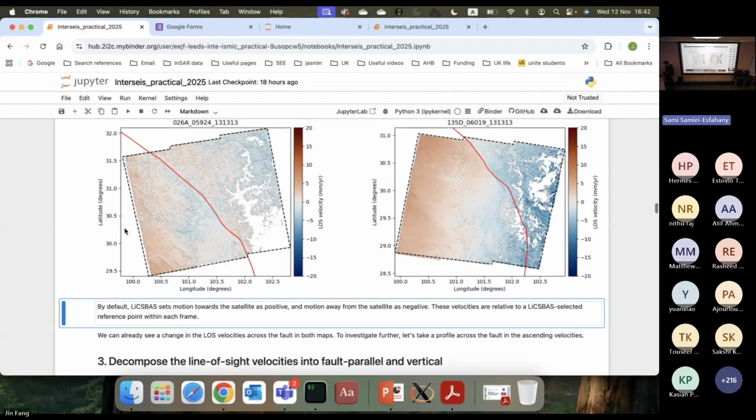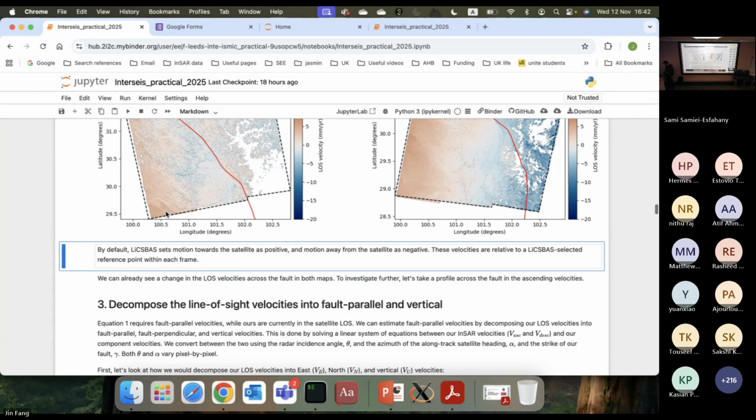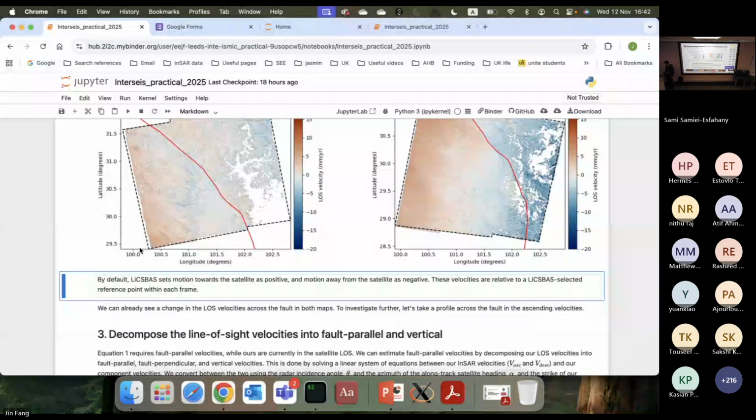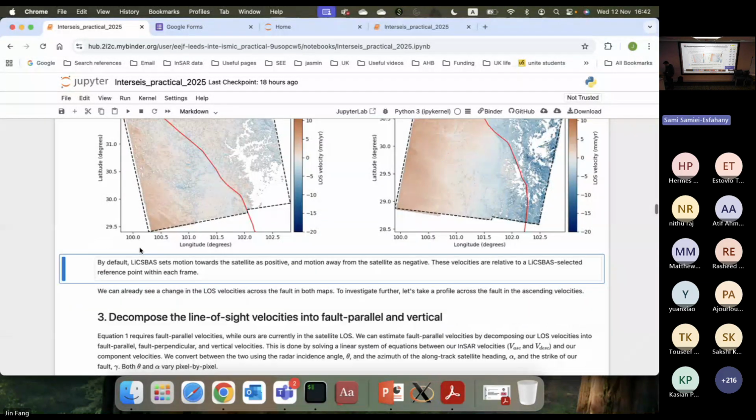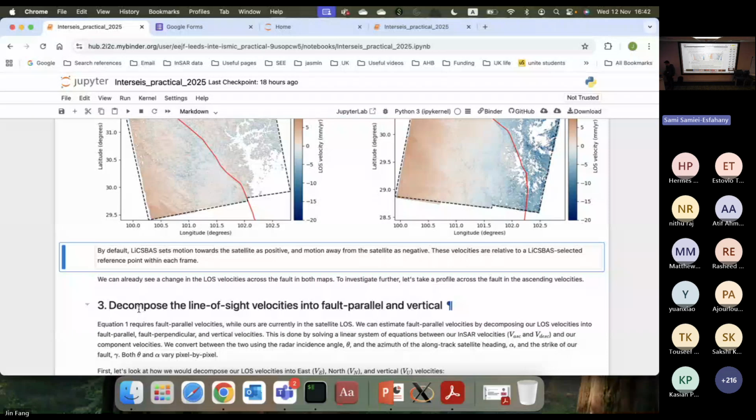By default, LiCSBAS sets motion towards the satellite as positive, and motion away from the satellite as negative. And these velocities are relative to a LiCSBAS selected reference point within each frame. We can see a change in the line of sight velocities across the fault.